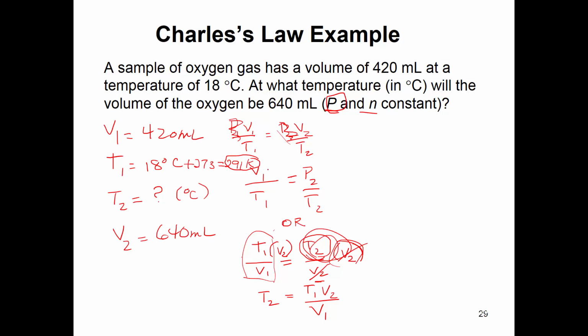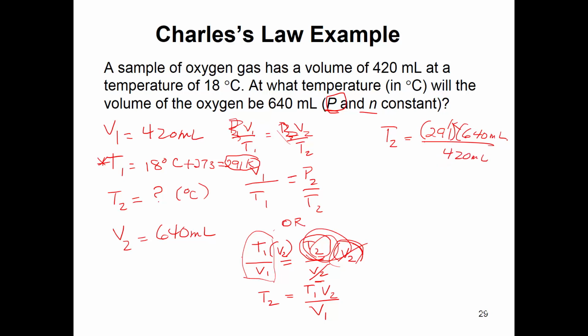All right, so now I'm going to solve for my T2. So T2 is equal to T1 in Kelvin, so 291. And so let's put asterisks by the things we have to change. 291 times V2, which is 640, that's Kelvin, sorry, divided by V1, which is 420.